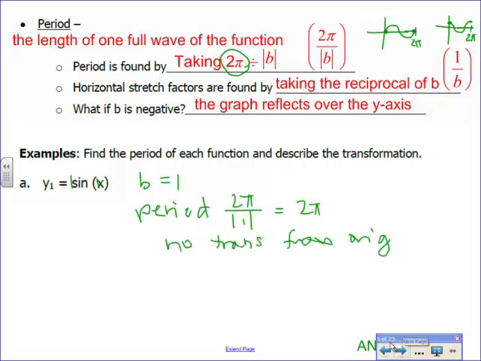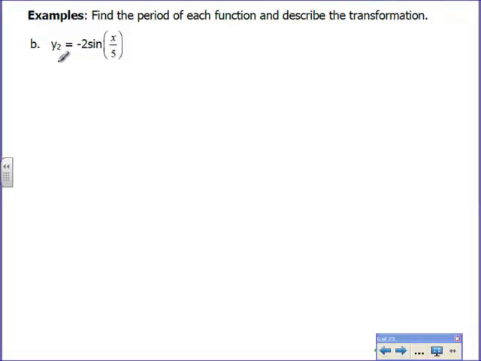In example B, you'll see that we now have several things happening. It starts with actually asking us to find the period. The B value here is what's inside being multiplied by x. There's really a 1 in the numerator. So our B value is 1/5. If we go to find period, we use our formula, 2 pi divided by the absolute value of B, would be dividing by 1/5.